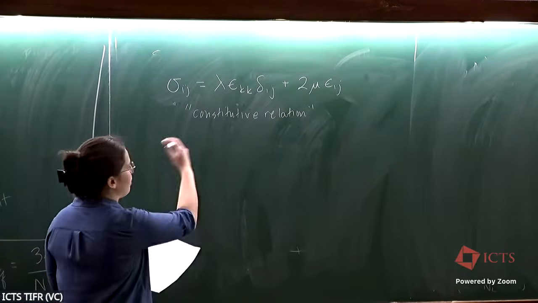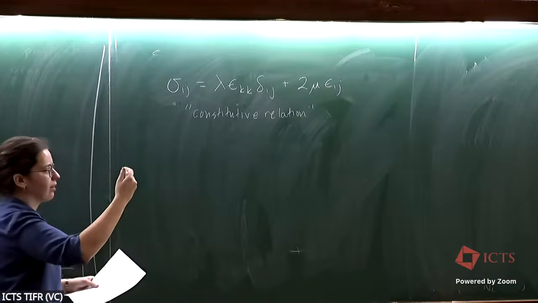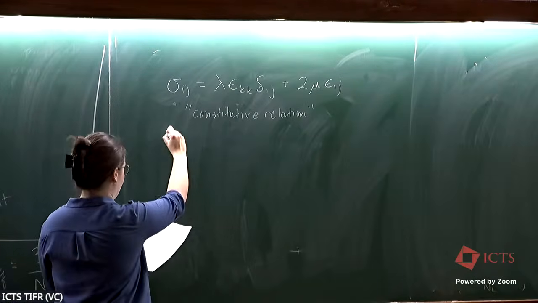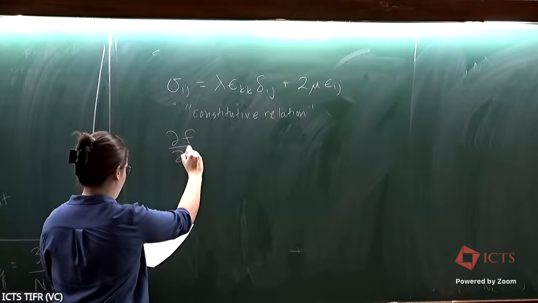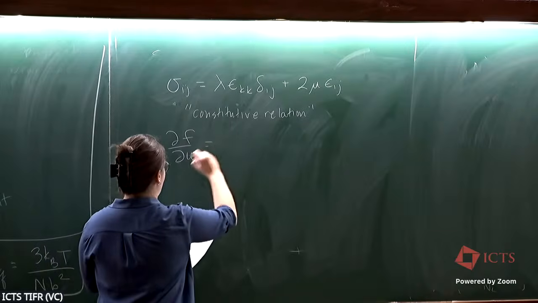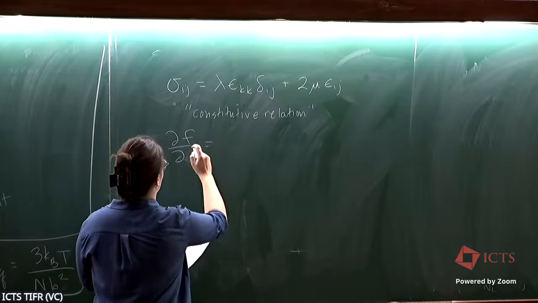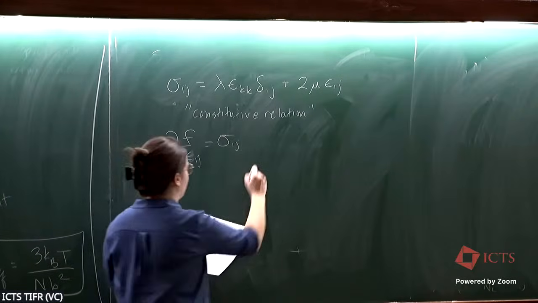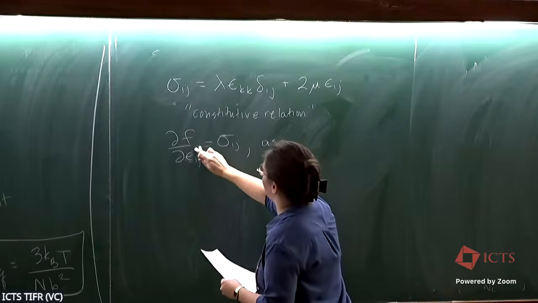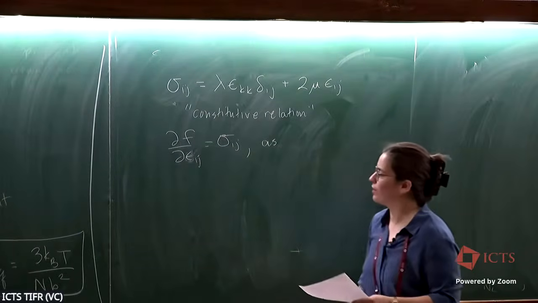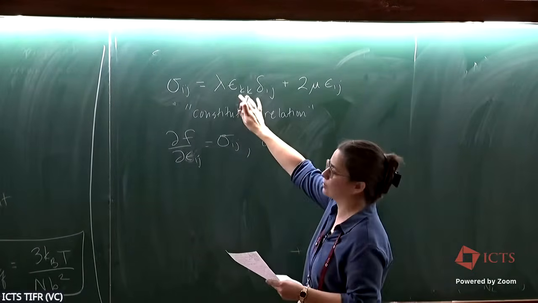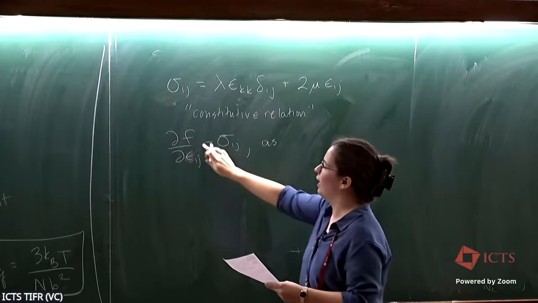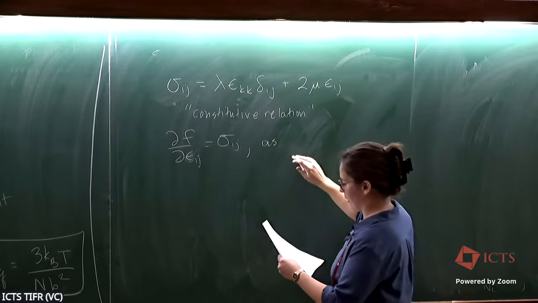And then if you compare this to the linear form of the energy that I introduced last time, you find that the partial derivative of F with respect to the strain tensor gives you the stress tensor as required by thermodynamics. So I introduced our energy density first, but it's more typical to introduce this constitutive relationship first and then get the energy density through thermodynamics.